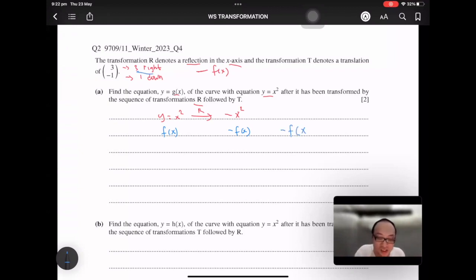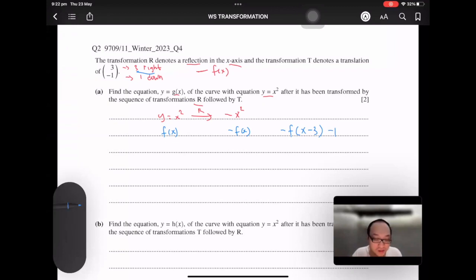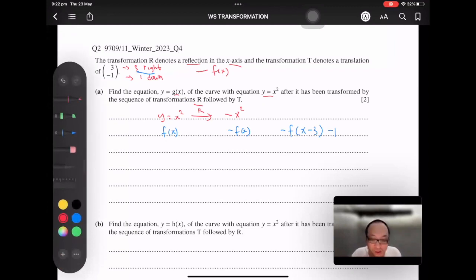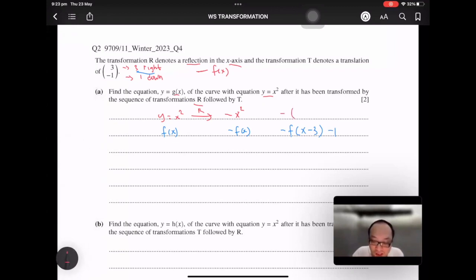This is 3 to the right, so it's minus 3. And then 1 down, so it's minus 1. So it will equal minus, the x squared will be replaced by x minus 3 squared, minus 1. Because we translate, we put x as the x minus 3.